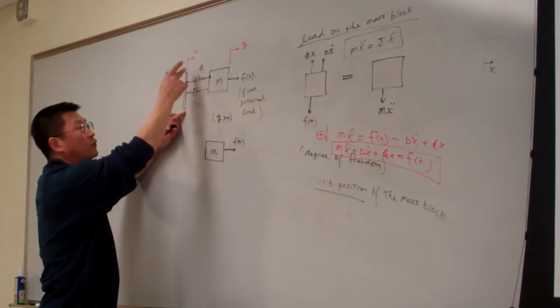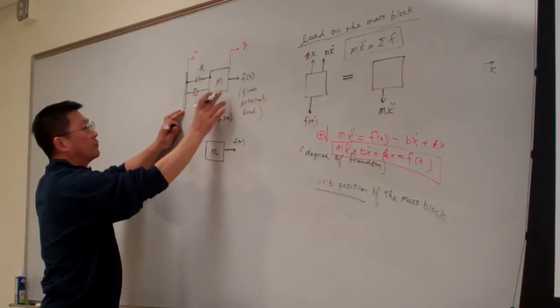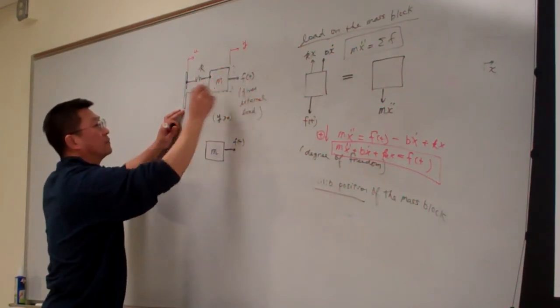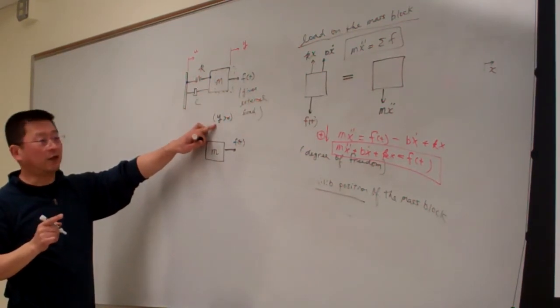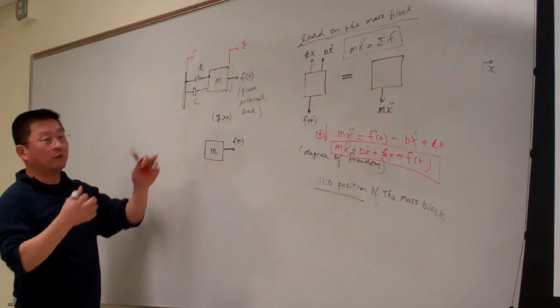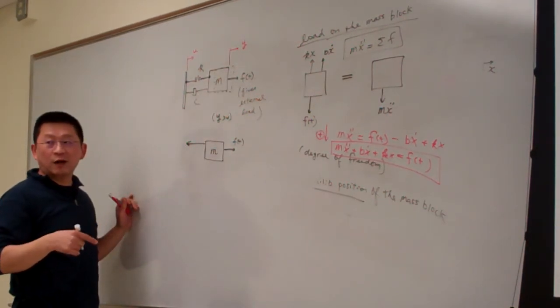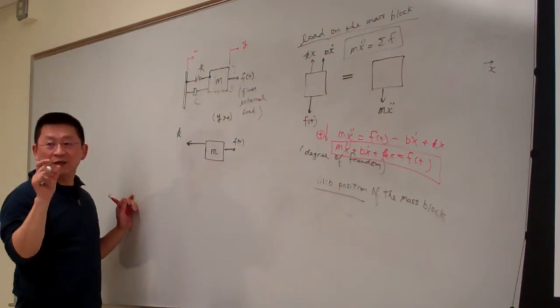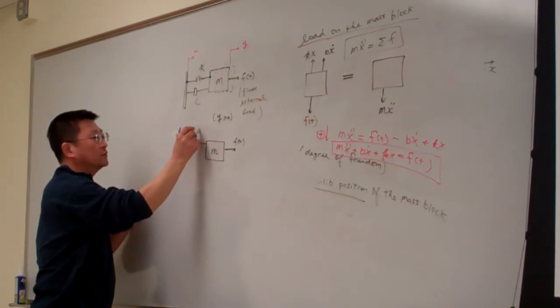Because y is moving larger than u. So eventually the mass block, with respect to this one, will be somehow going to here, right? Based upon this assumption, the spring will be trying to recover. So that means this is the direction of the recovering spring force. And how much? k times the deformation of the spring, which is y minus u, right?